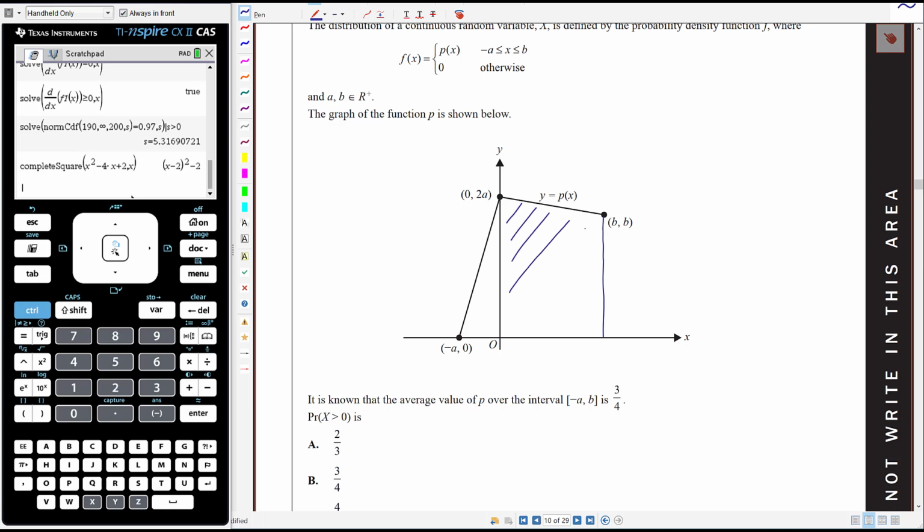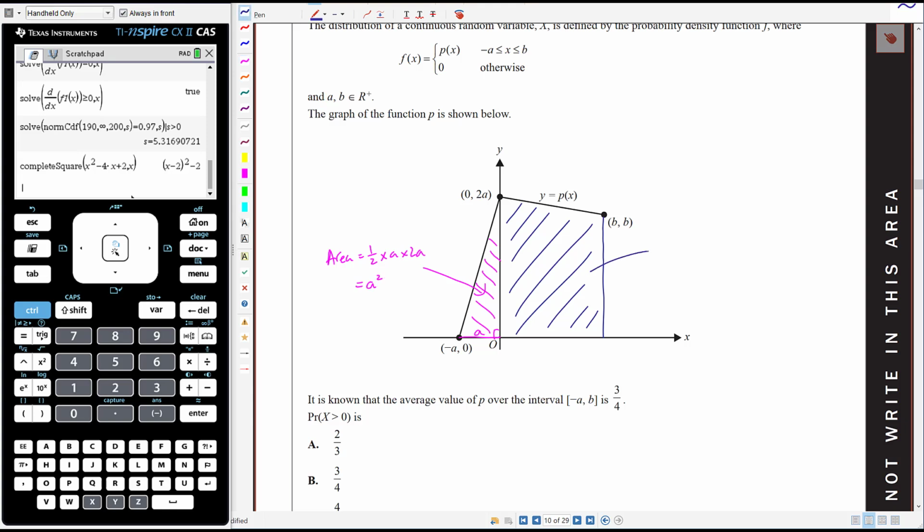So these are nice triangles and trapezia, so we wouldn't bother too much with integrals here. Okay, so we know that bit of area there is a triangle, that distance is a, and that vertical distance is 2a. So that bit of area is half times a times 2a, so that's just going to be a squared.